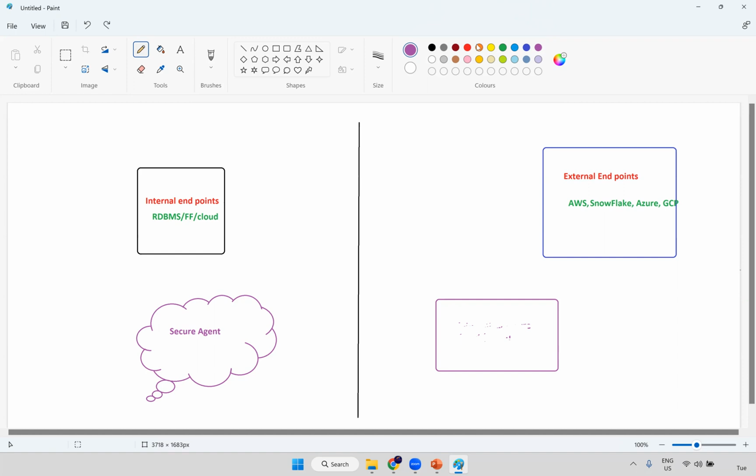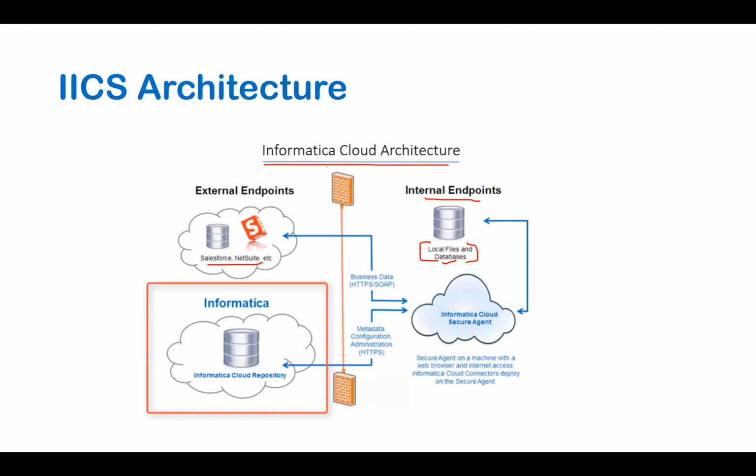See, this is our external endpoint, and this is our internal endpoint. Internal endpoint means our local databases and everything is there. We are just installing the secured agent, and that secured agent is responsible for the secured connection, the firewall and everything, to these external endpoints.